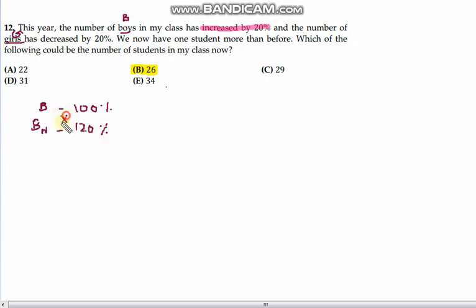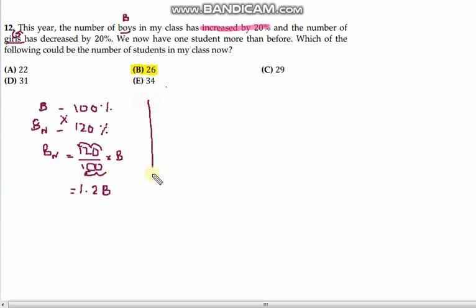Now when you cross multiply, you have the new number of boys Bn is 120% of B. Let's move back to decimal places, and we now know that the number of boys in our new class is 1.2B.